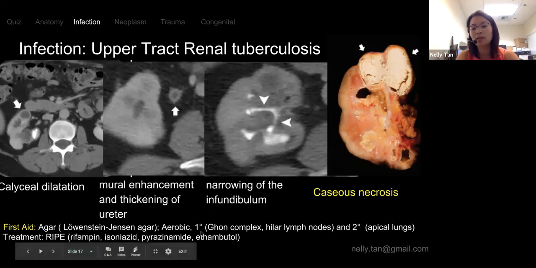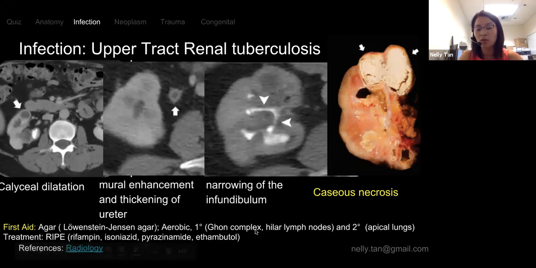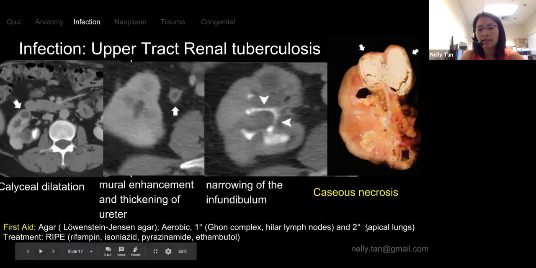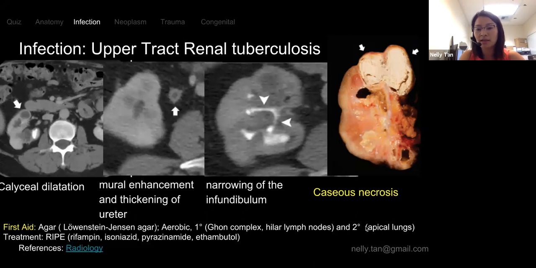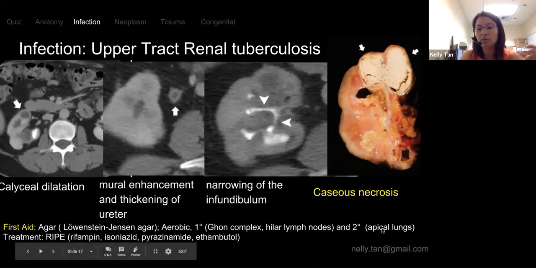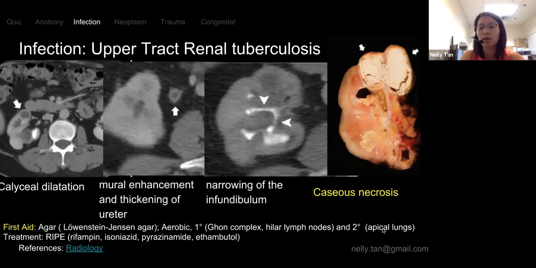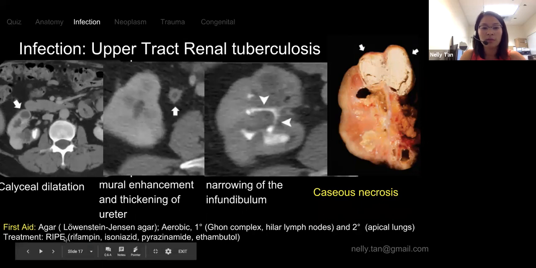Primary is the initial exposure. They get a Ghon complex, which is how the body reacts. It looks like an abscess, typically in the lower lung lobes, and you get lymphadenopathy. Secondary or reactivation occurs in the apical segments of the lungs where there's more oxygen, and you treat it with the RIPE regimen.